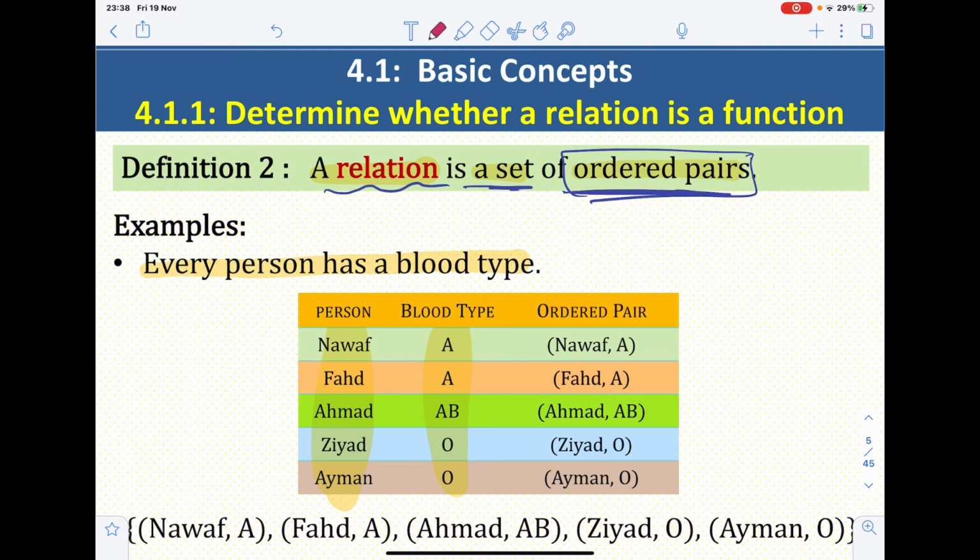So for Nawaf, the blood type of Nawaf is A, so we write Nawaf then comma A. The blood type of Fahad is A also, so we write that as an ordered pair, Fahad then comma A between parentheses. Also for Ahmed, the blood type of him is AB, so we write this relation as an ordered pair, so Ahmed then comma AB. Also here Ziyad then comma O and Ayman comma O between parentheses.